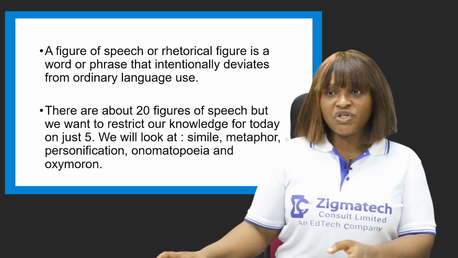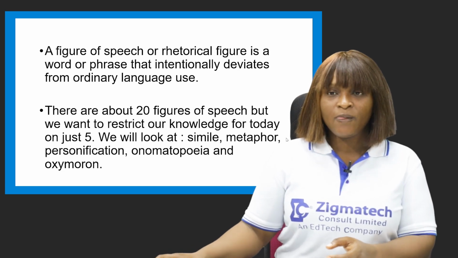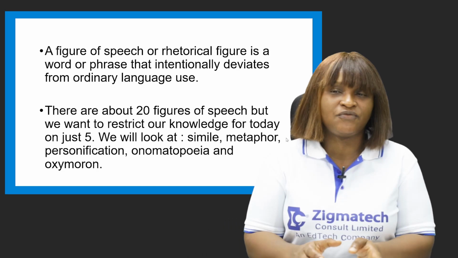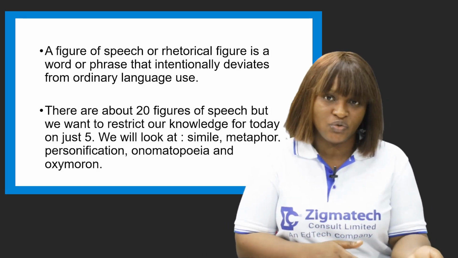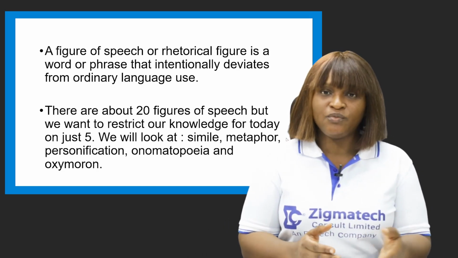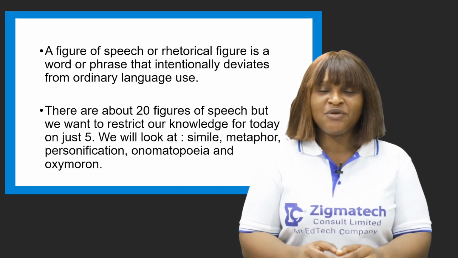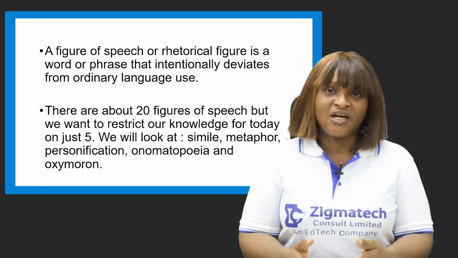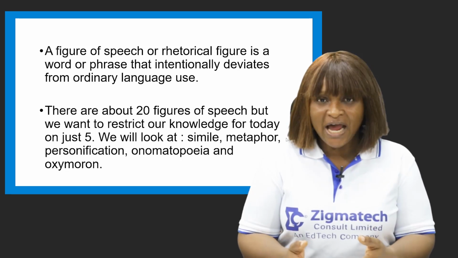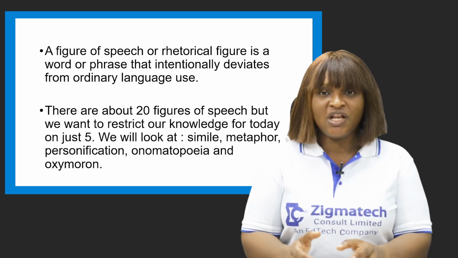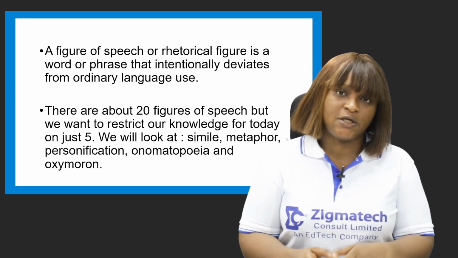Now, a figure of speech or rhetorical figure is a word or phrase that intentionally deviates from ordinary language use. There is a particular way we speak or write, and when you write or speak in that manner, virtually everybody understands what you have to say.